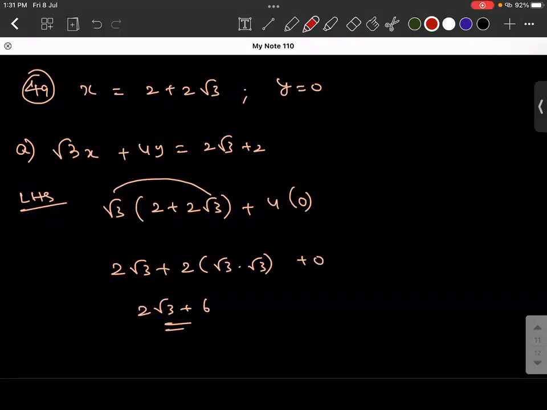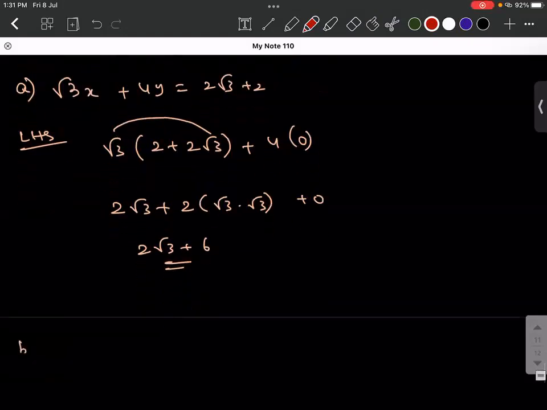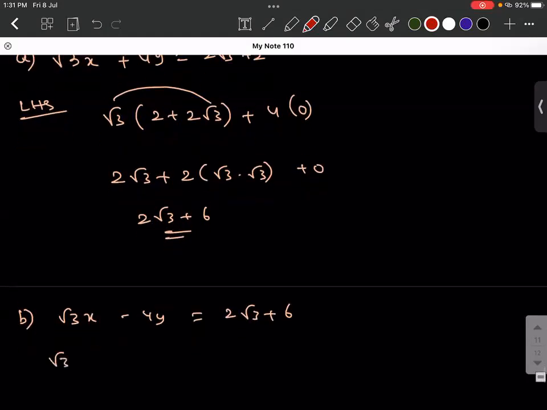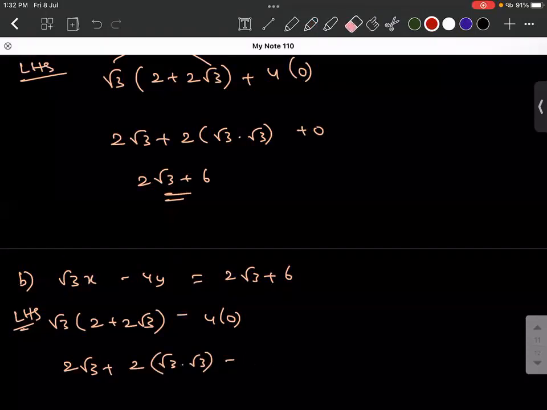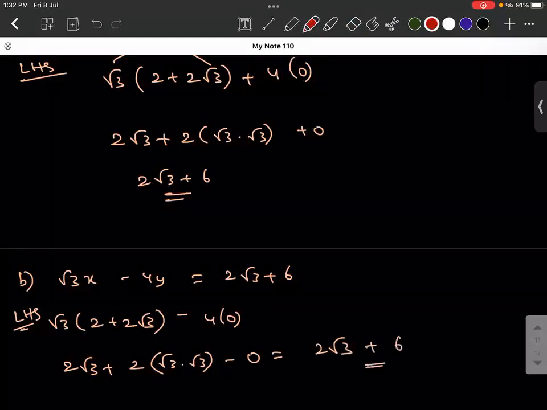But this is root 3 minus 4y. You will get that. So root 3x minus 4y is equal to 2 root 3 plus 6. Root 3 into 2 plus 2 root 3 plus 4 into 0. I've taken only LHS. So 2 root 3 plus 2 into root 3 into root 3 minus 0 is how much? 2 root 3 plus 6.